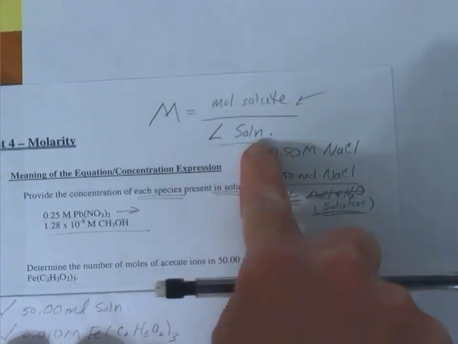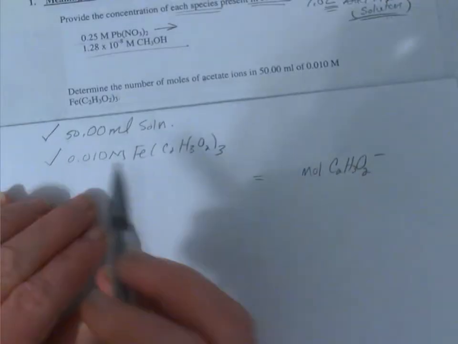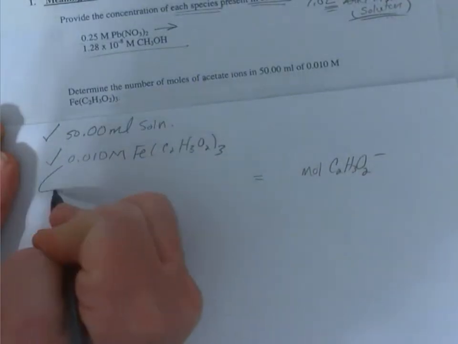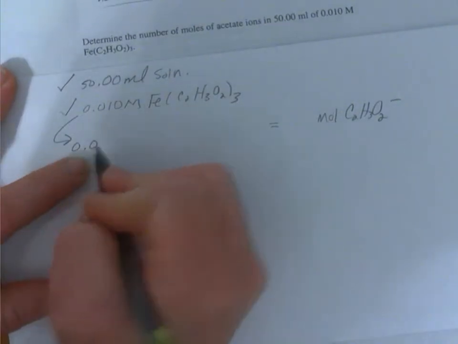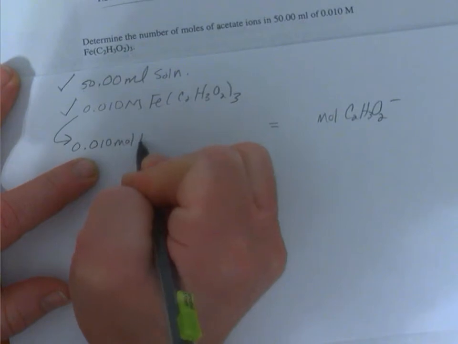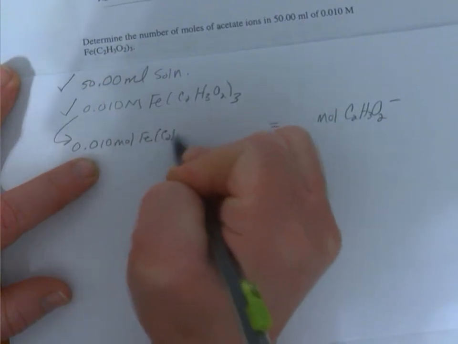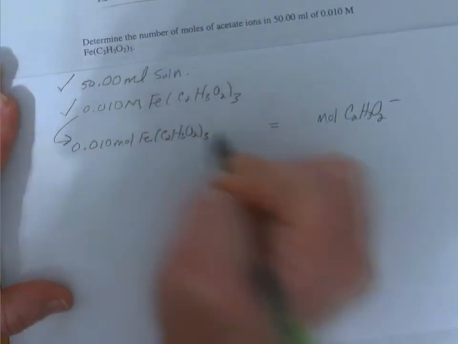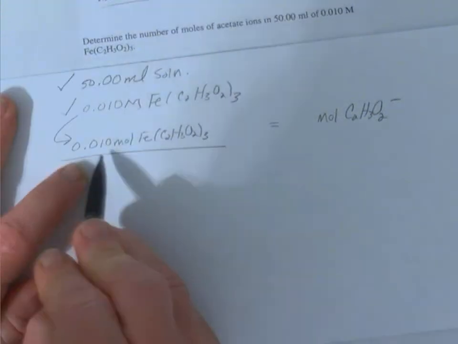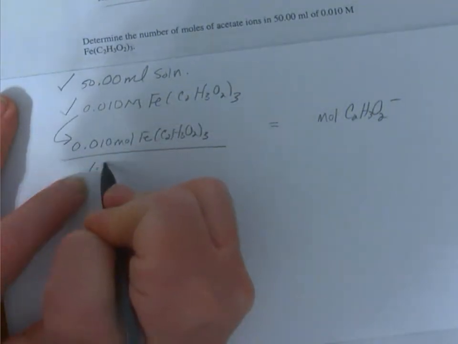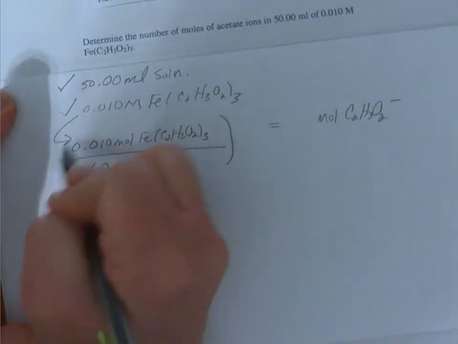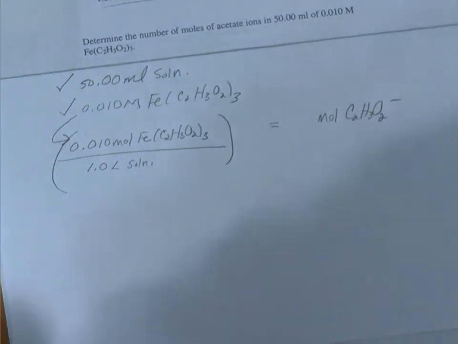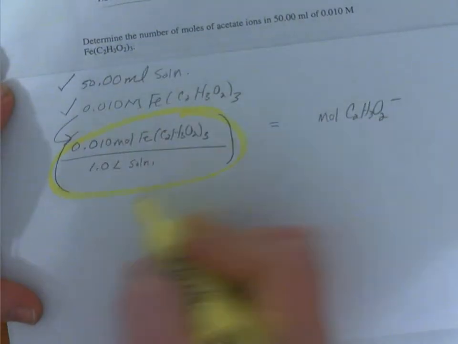Molarity is moles of solute per liter of solution. I can rewrite this to a direct interpretation of what this means. This means I have 0.010 moles of Fe(C2H3O2)3 in every, and this has 2 sig figs, so I'm just going to write 1.0 liter of my solution. So now I have this given and this given.